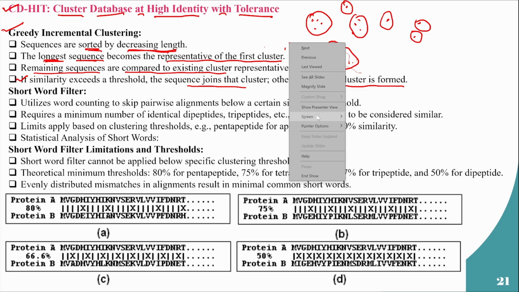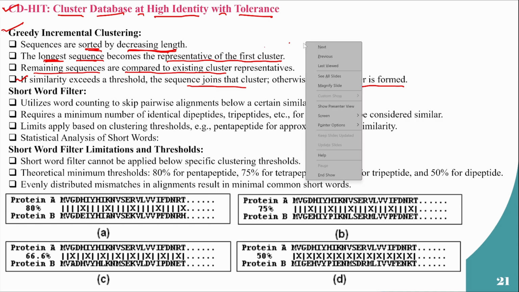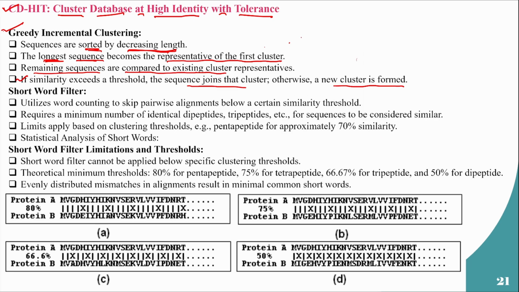Now, if you try to do, let's say, an alignment, the alignment algorithm will take some time to run basically. Now, if you have a large data set and for each new sequence you are trying to align it with the previously present representatives of the clusters, and then you are trying to see, okay, based on the alignment scores, whether they can be new or part of the already remaining cluster.